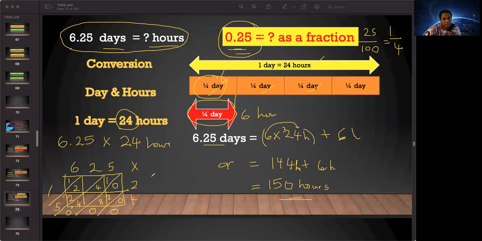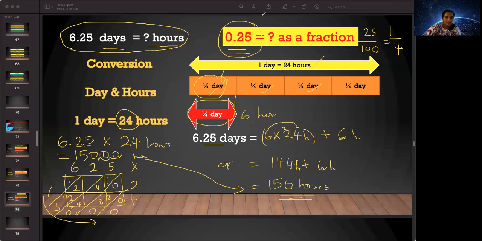Now, when you write out your answer, it's going to look like 1, 5, 0, and 2 more zeros. However, look at your question again. 6.25, there are 2 decimal place values. So you move back 2 decimal place values, put in your decimal, and you will get 150. And that would be the same as this, 150, but do not forget your hours.